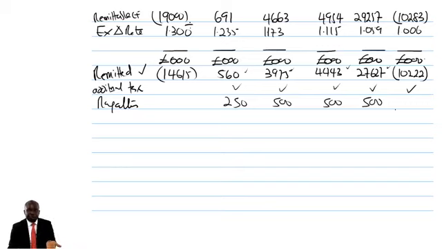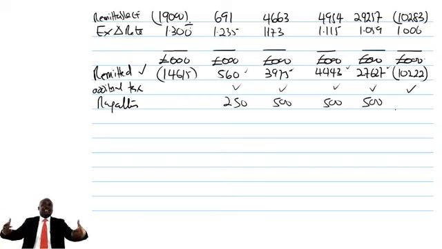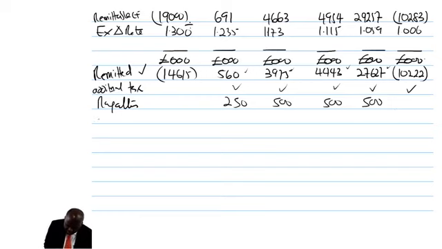So the 250 and the 500 that you brought to the UK are subject to full UK tax, because you haven't paid any tax on it in the US. Therefore, if you have brought the money here, you have to pay the whole tax in the UK.